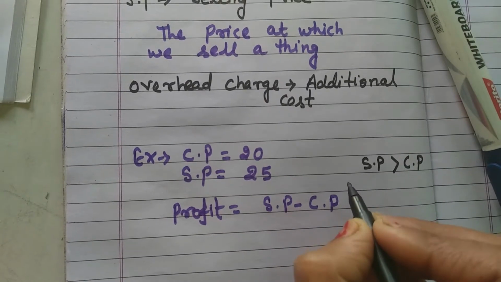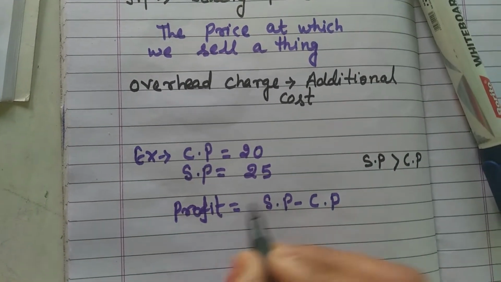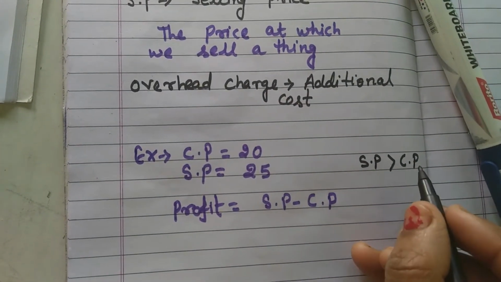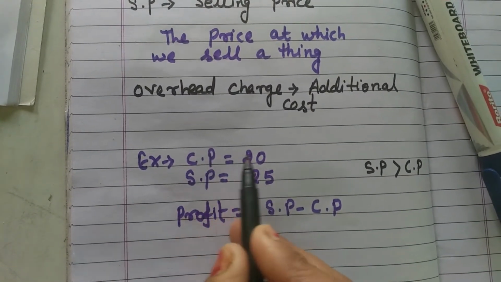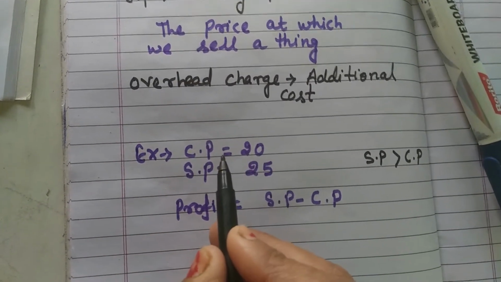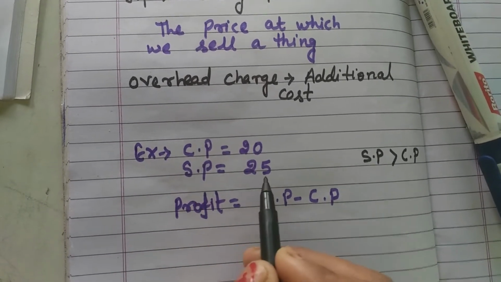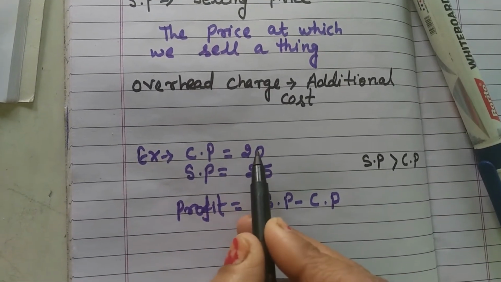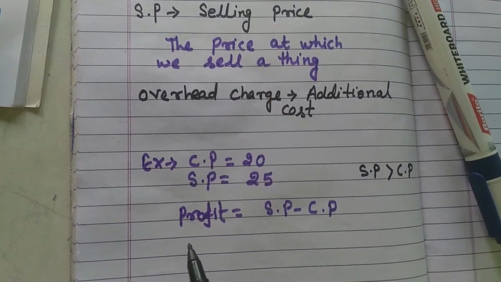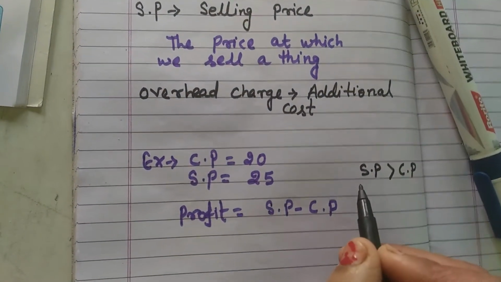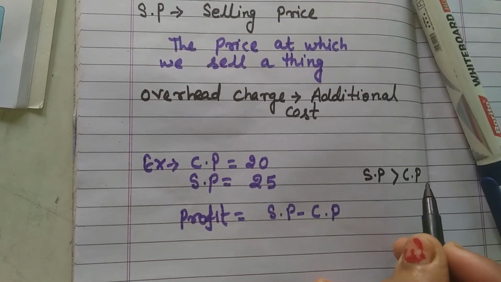In which condition? When you are getting profit, SP is greater than CP. See, SP is 25 rupees and CP is 20 rupees. You are getting profit. So, SP is greater and CP is lesser. Clear?